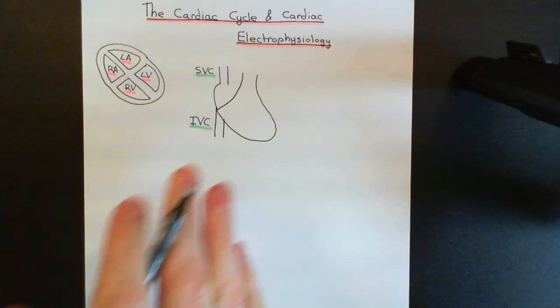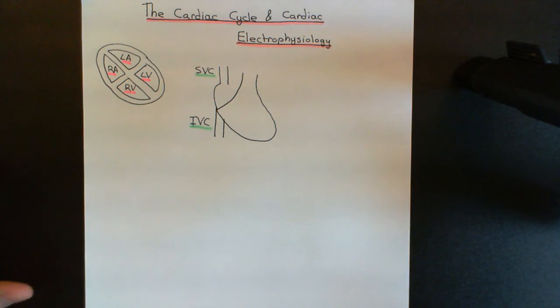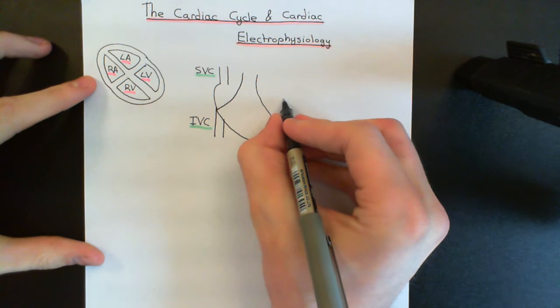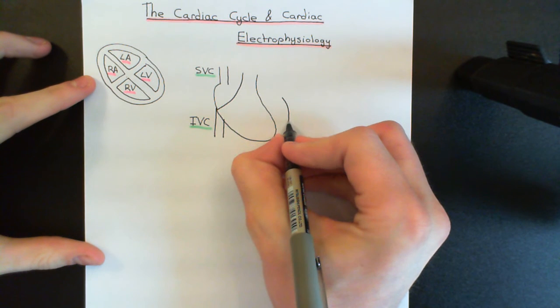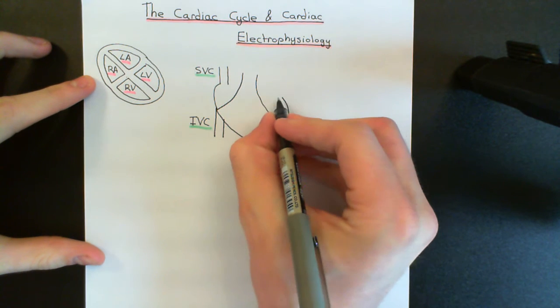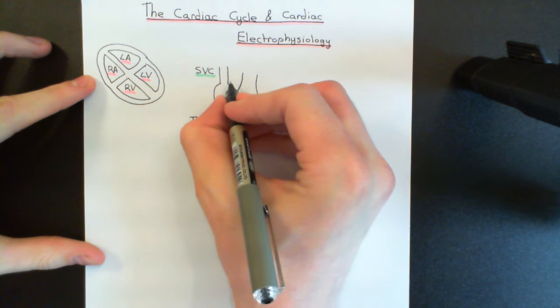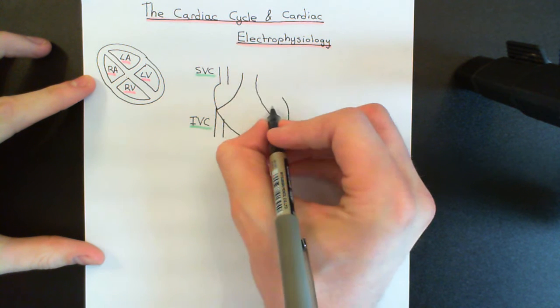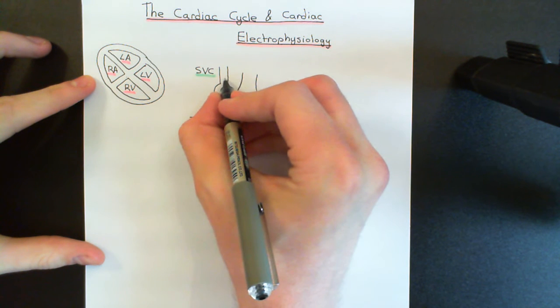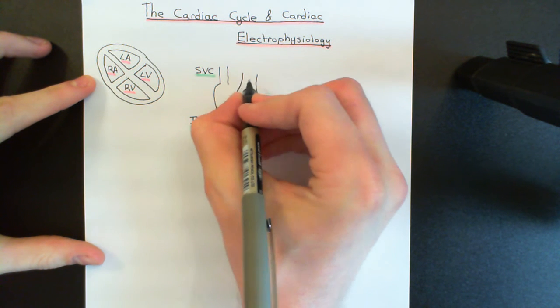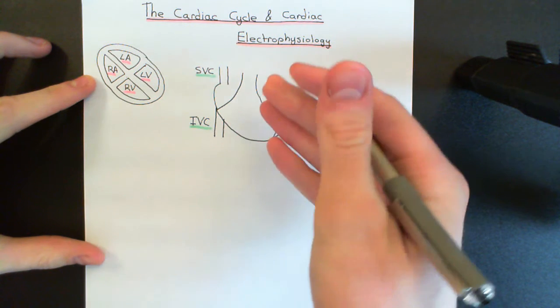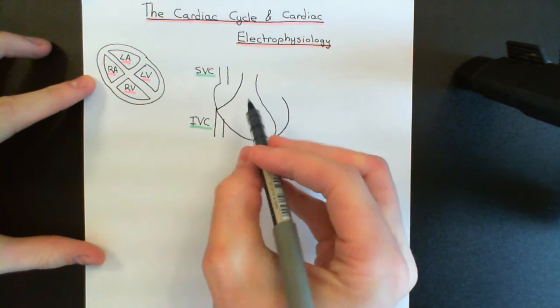Okay, and now obviously we need to add on the left side of the heart, so we'll start with the left ventricle. So I'll come round here, and all of this is going to be left ventricle. And then the aorta will be in between the superior vena cava and the pulmonary trunk here. You see the left ventricle will go behind the right ventricle where we can't see it.